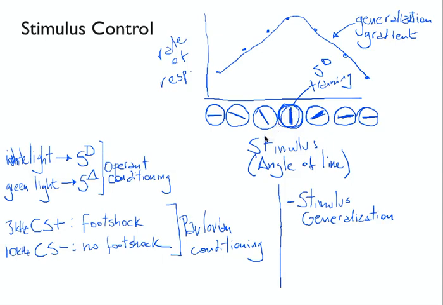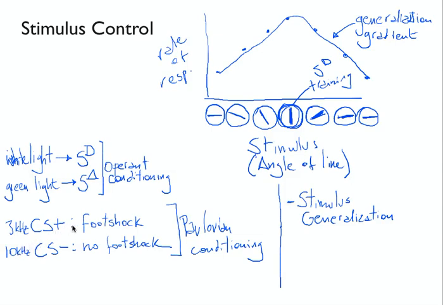And so there's a generalization of the stimulus in terms of their effectiveness in controlling behavior, right? And you can see a similar thing in Pavlovian conditioning. If we present a 4, 5, 6 kilohertz tone, then we'll probably get some freezing, maybe not as strongly as with a 3 kilohertz CS plus, but we'll get some because of stimulus generalization.